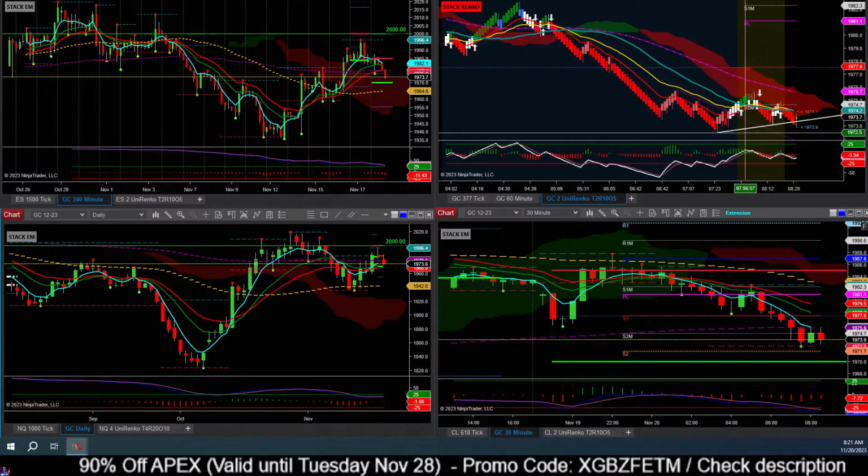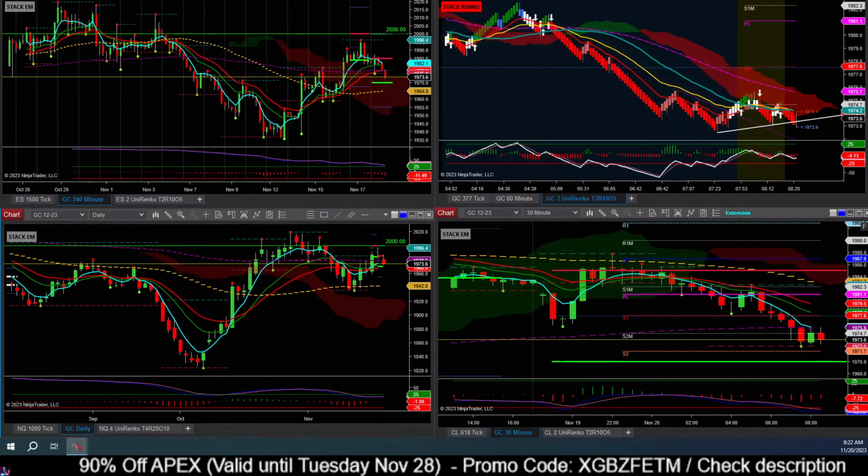Yeah, it's losing its strength off of that move. It tried to break the lower side of this in the 30 minutes, but it's coming back up.